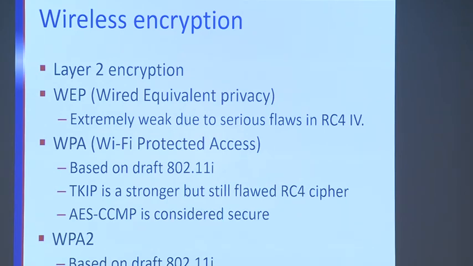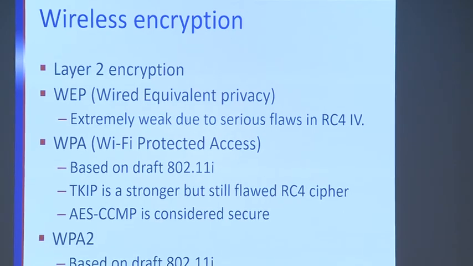WPA, the Wi-Fi Protected Access, they increased the initialization vector from 24 bits to 48 bits, but they use the same encryption algorithm of RC4, so it's still flawed, which means someone can get in there. But you can use AES with the CCMP, which is the cipher chaining that we looked at a little earlier, so it's adding in another level of security there.